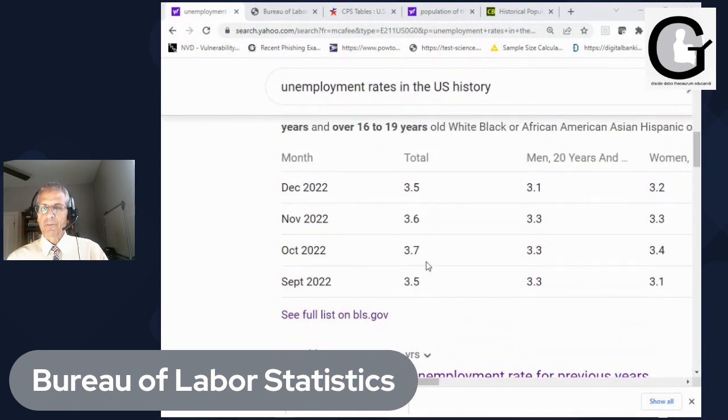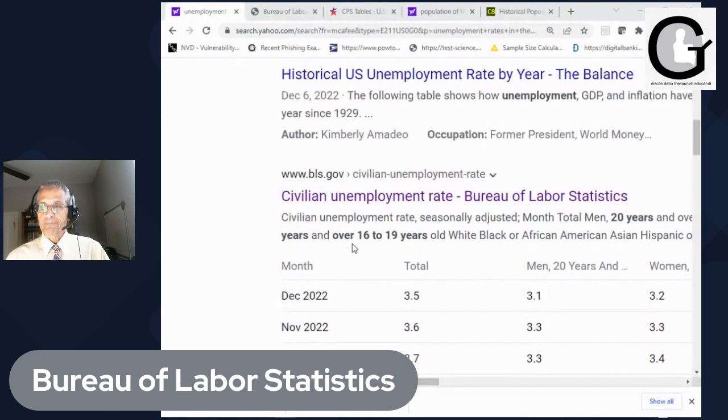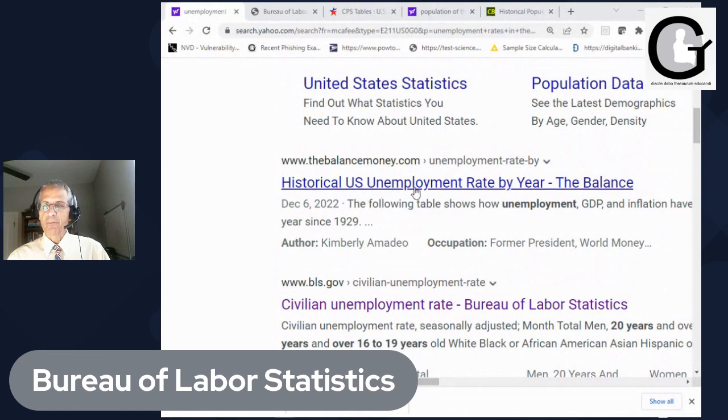September, October, November, December. We were hovering right around 3.4, anyways. But historical U.S. unemployment rate by year, thebalancemoney.com. So these are commercial websites, which are not necessarily government sanctioned. In fact, they're not government sanctioned websites.